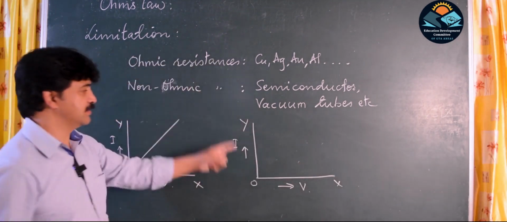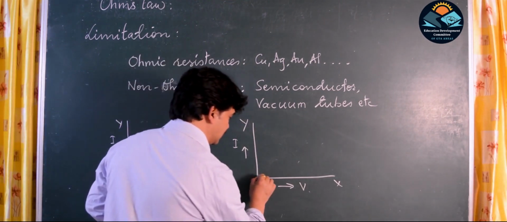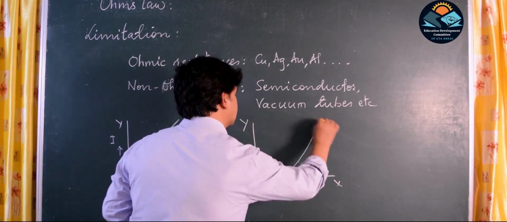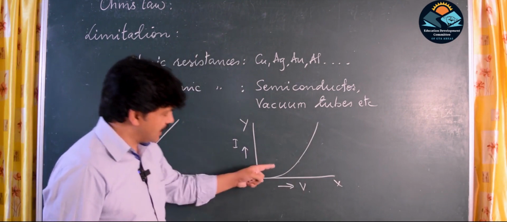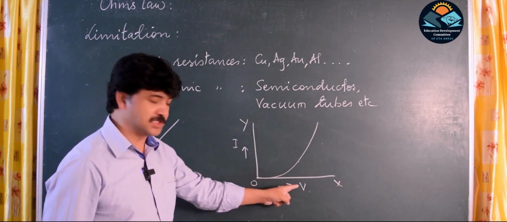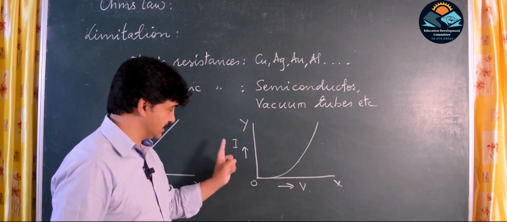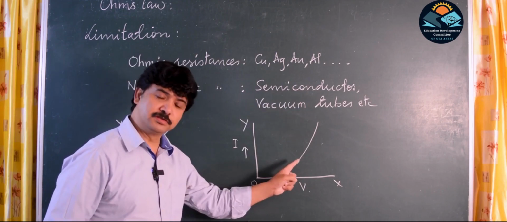For non-ohmic resistances, the graph will not be a straight line, okay? It will be a curved line somewhat like this. As the graph goes up, it also means that as the value of potential difference increases, the current will also increase. In this case, the current is not directly proportional to V.